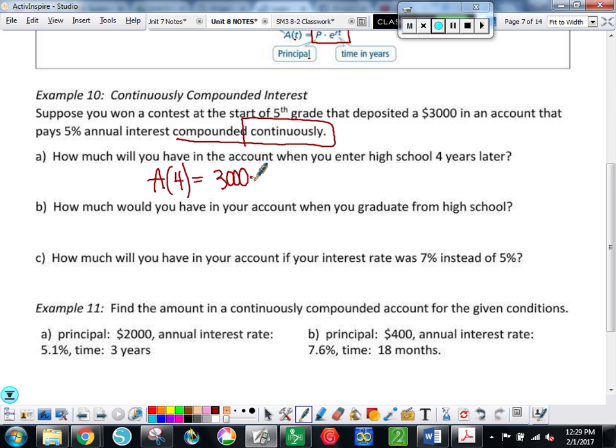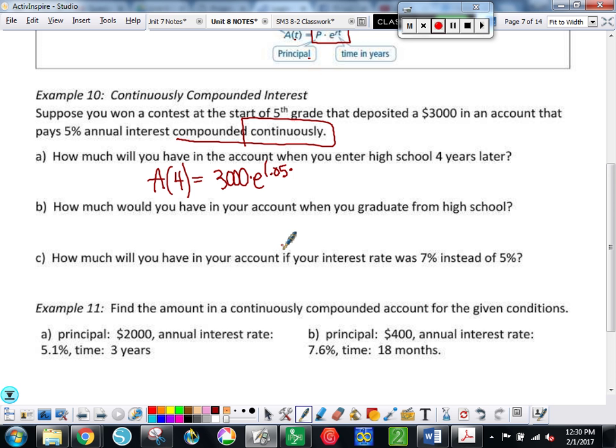3,000 times e to the, now it brings it up in the exponent. If you have one of the smarter calculators that stays up in the exponent, you can just plug this all in. If you have an older model, you may want to put parentheses here. What's the rate? 5%, so how do I put that here? 0.05.